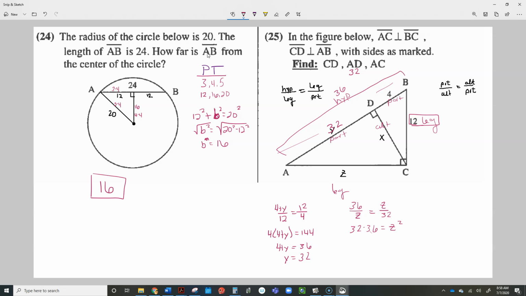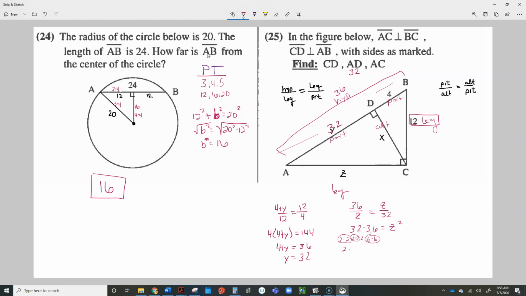So this is a perfect square. This is 6 times 6, and 32 is 2 times 2 times 2 times 2, 1, 2, 3, 4 times 2. So I know a 2 is going to come out, another 2 is going to come out, and a 6 is going to come out.